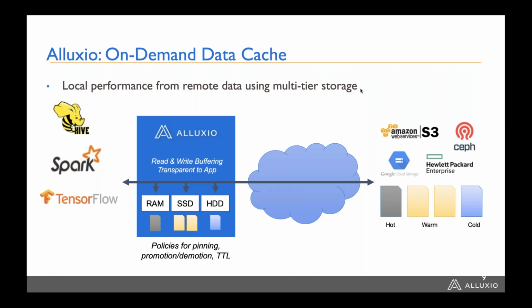And also, Alluxio provides on-demand data caching. Alluxio started as a research project called Tachyon, mainly providing in-memory off-heap data storage or data caching for RDDs in Spark in the very early days. Now Alluxio has developed many rich features providing good performance by bringing data to where the compute is.